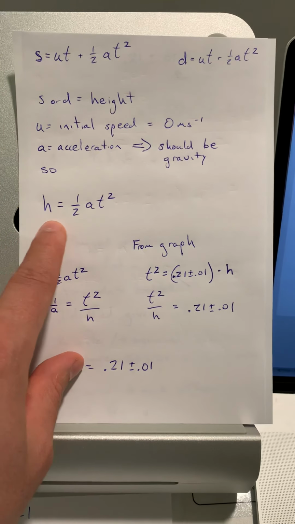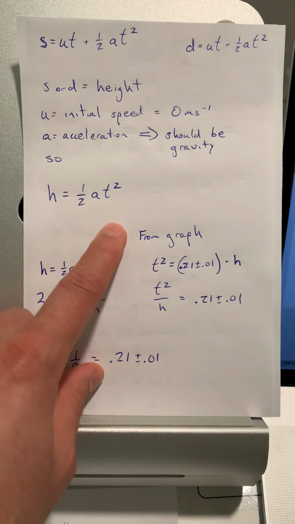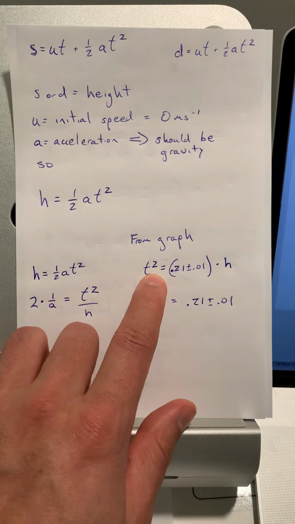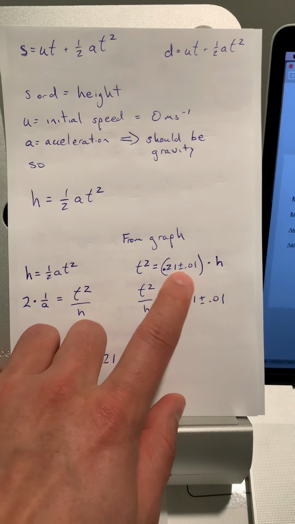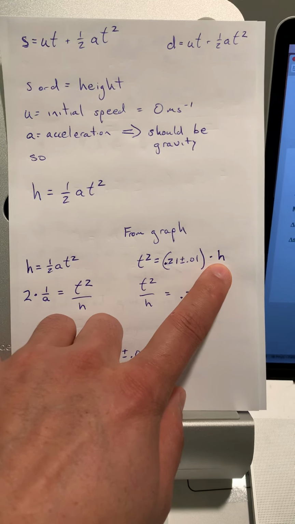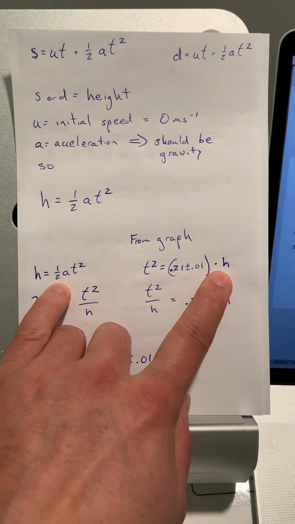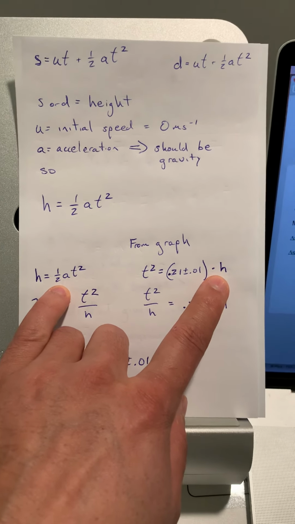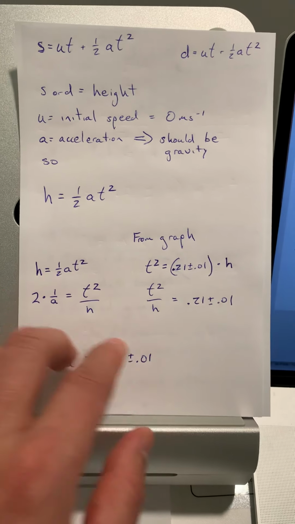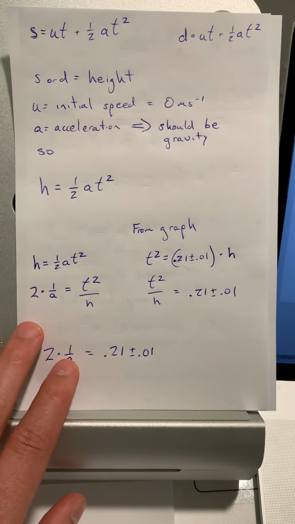So we have h equals 1/2 at squared. From our graph, we remember that t squared was equal to our slope times h. So now we're just going to make these two equations look very much like each other and mirror each other so that we can get rid of a few terms and solve for some stuff that's unknown.